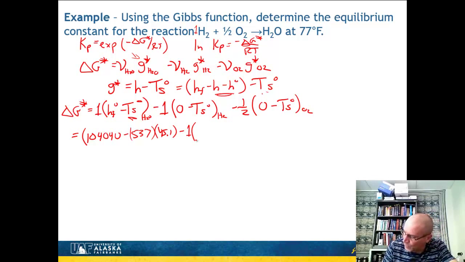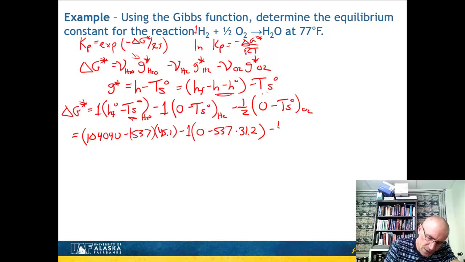With a coefficient of 1, it's going to be 0 because that's 0 there from the heat of formation, minus 537, and then S0 for that is 31.2. So there's the H2 terms, minus 1/2, 0 minus 537, and now I'm doing the O2, and that I think is about 49, I believe.